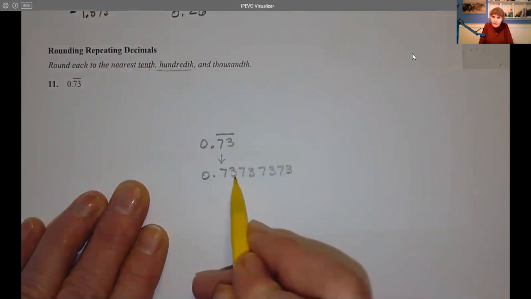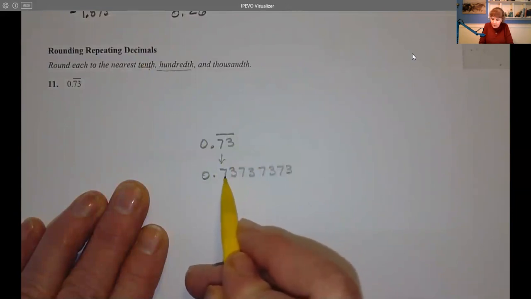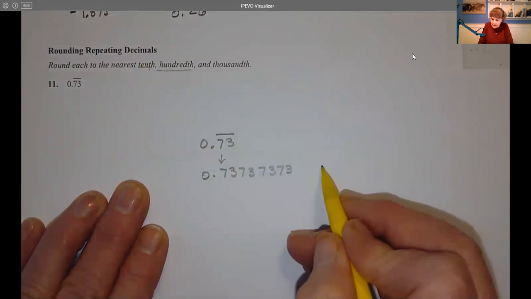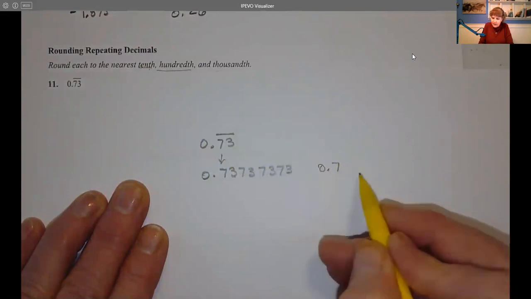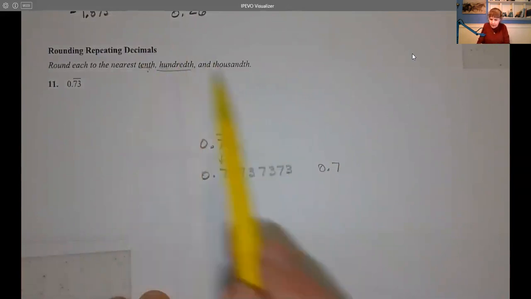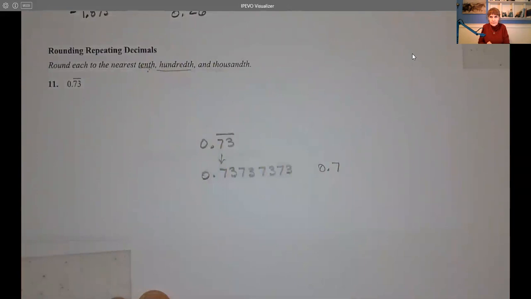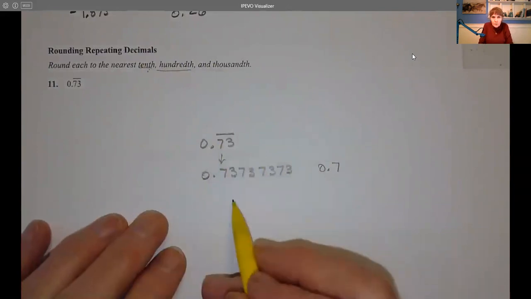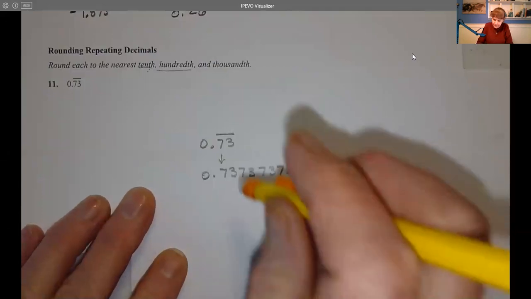It's less than 5, so we're going to leave the 7 alone. So our answer is 0.7, and you drop everything. You're done. So anything after the 10th, the spot you're on, just drops off. Don't put zeros in there either. MyMathLab will count it wrong if you put in zeros. All right, now let's go to the nearest 100th.